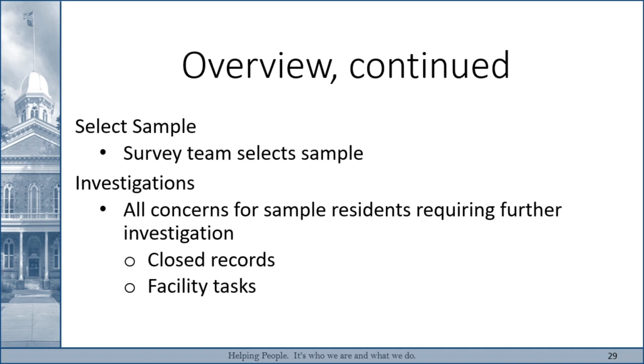At the end of the first day or the middle of the second day, the survey team will identify the sample. Once the sample is selected, the remainder of the survey is spent investigating all concerns requiring further investigation for the residents in the sample. Facility tasks and closed record investigations will also be conducted.